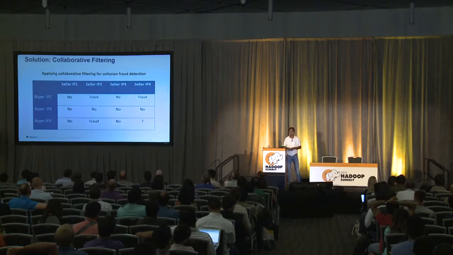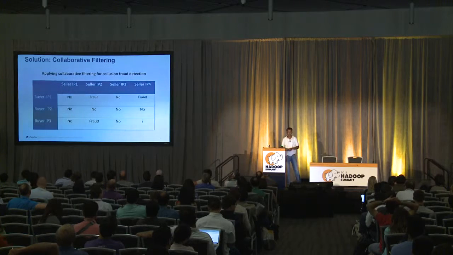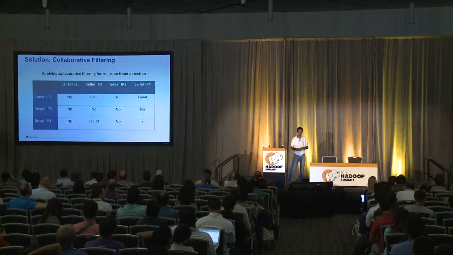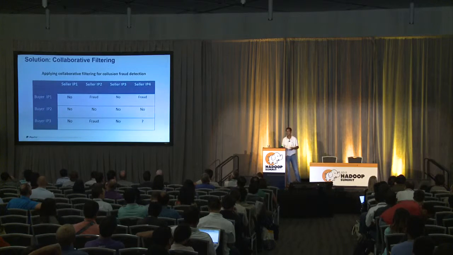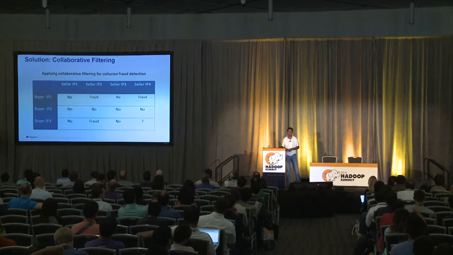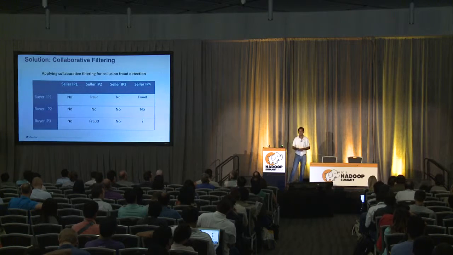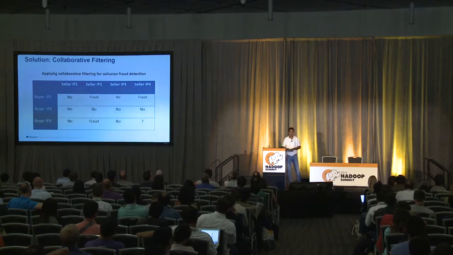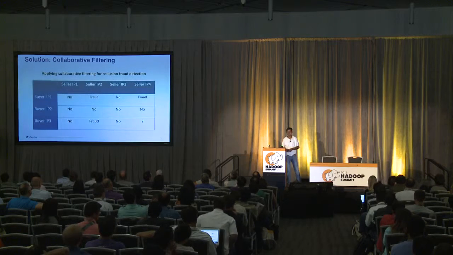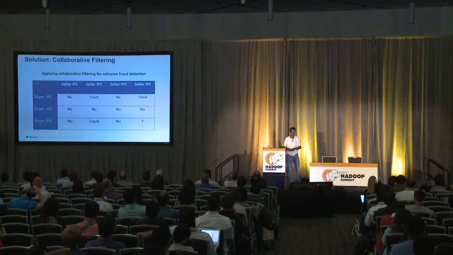The rows of the matrix don't always have to be buyer IDs. For example, a buyer could create multiple identities, right? So the rows of the matrix, in that case, we could use the IP address. Similarly, the sellers could be IP addresses instead of the identifiers themselves.